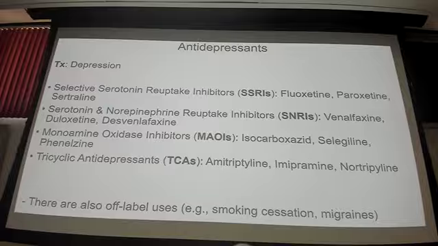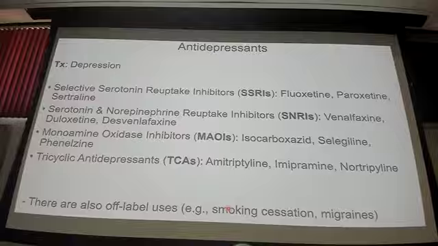And so some examples of selective serotonin reuptake inhibitors are fluoxetine and sertraline. Then you have the serotonin and norepinephrine reuptake inhibitors, SNRIs: venlafaxine, duloxetine, and desvenlafaxine.